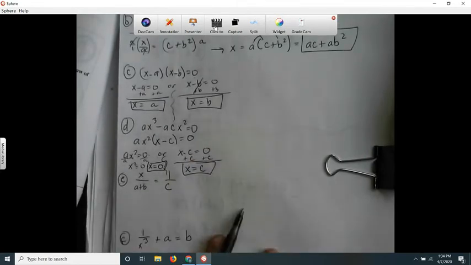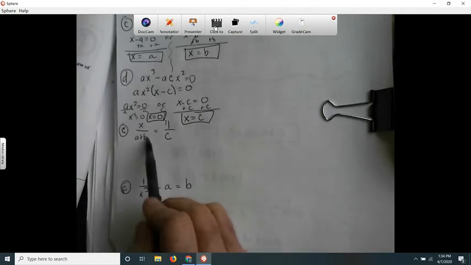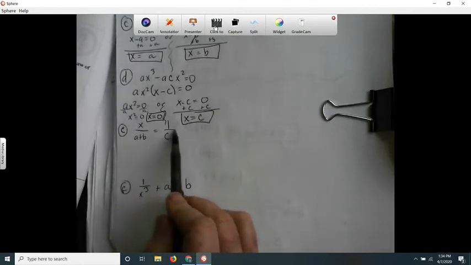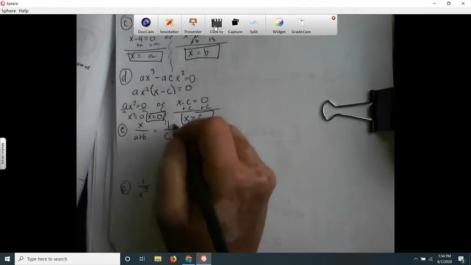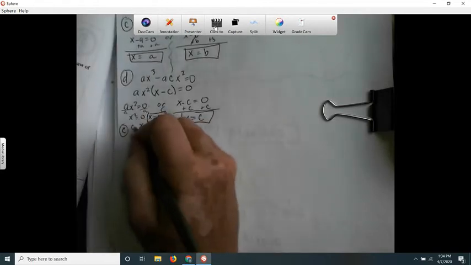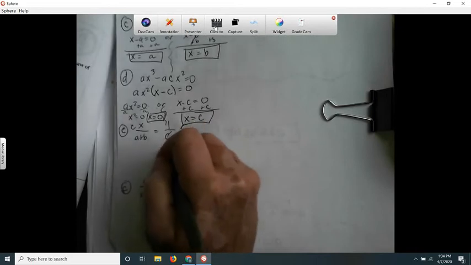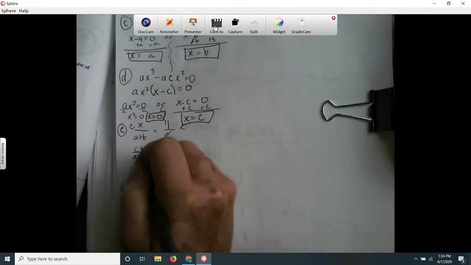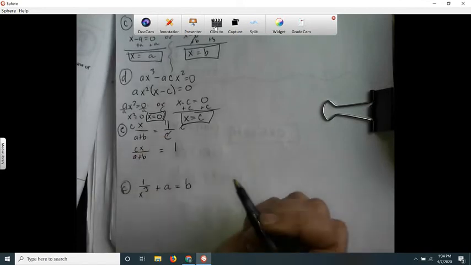Okay. For this one, I'm going to multiply both sides by c to get rid of this fraction. So if I do that, I'm going to have cx over a plus b equals 1.